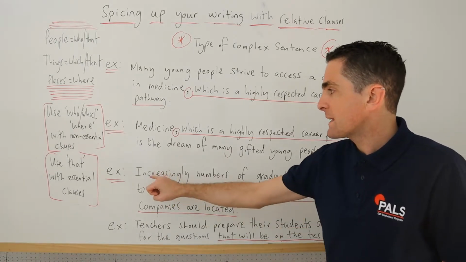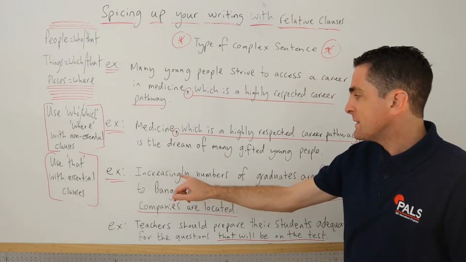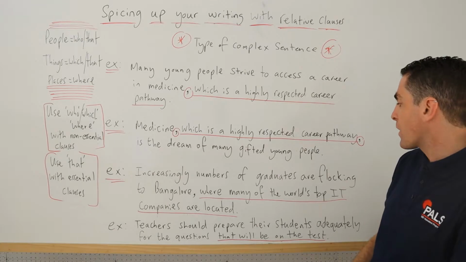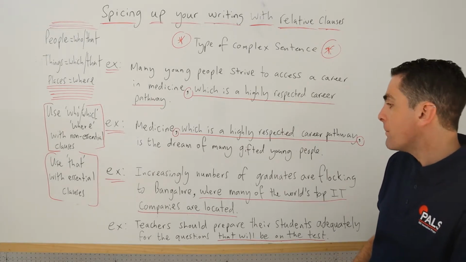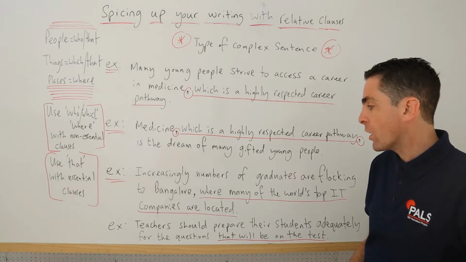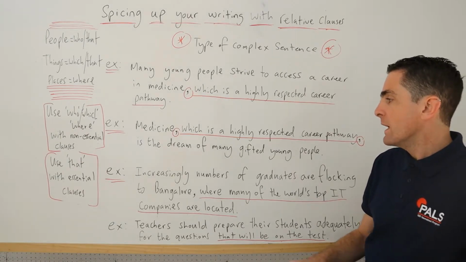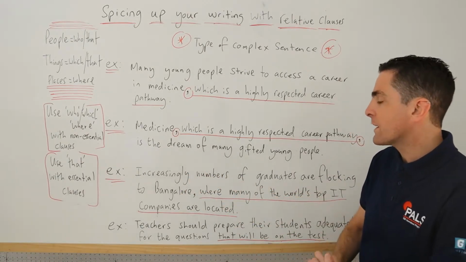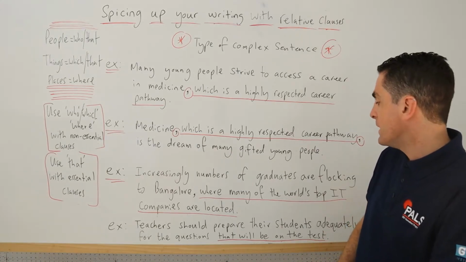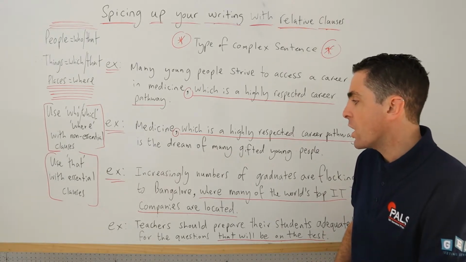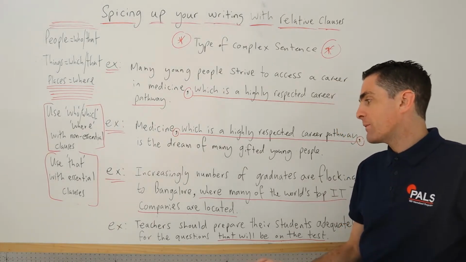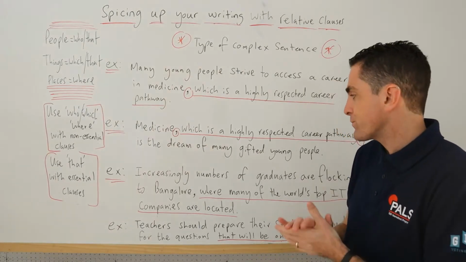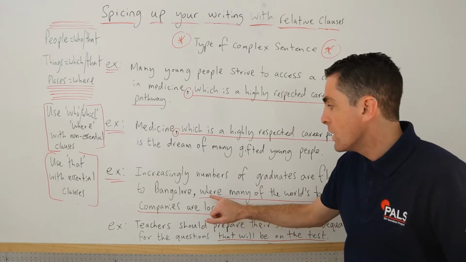Okay, next example. Increasingly, numbers of graduates are flocking to Bangalore, where many of the world's top IT companies are located. So again we have a non-essential relative clause here using where.